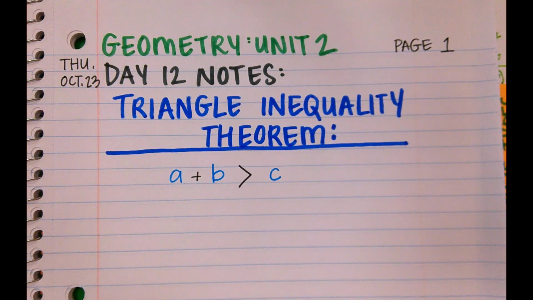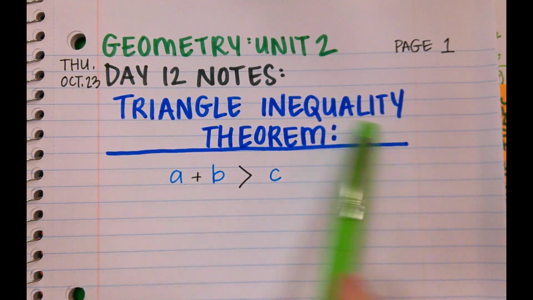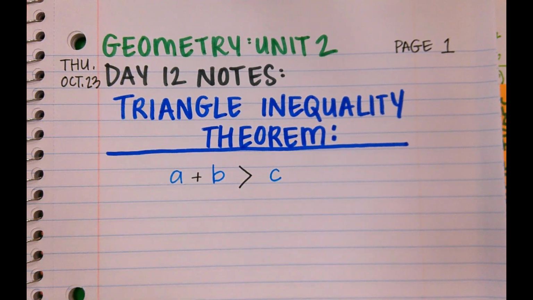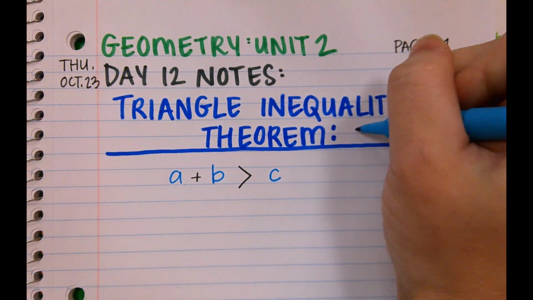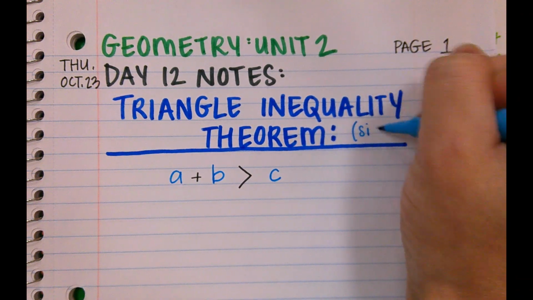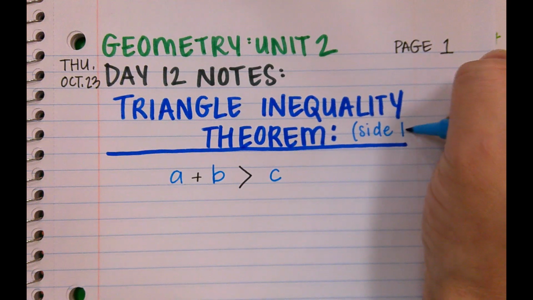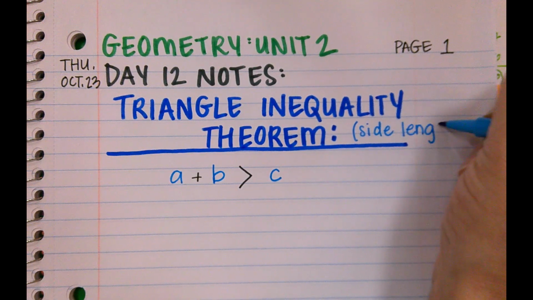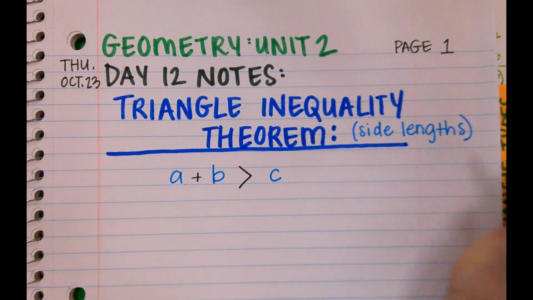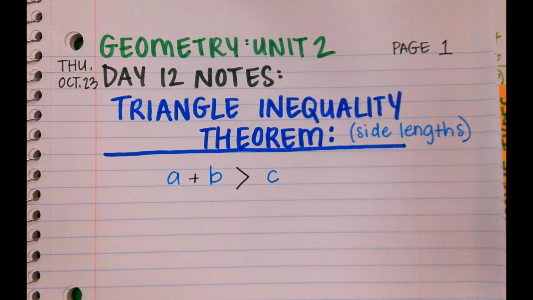So in a triangle, whenever we're using this theorem, we are talking about side lengths. So I'm going to write that out. Side lengths. We're not talking about angles.